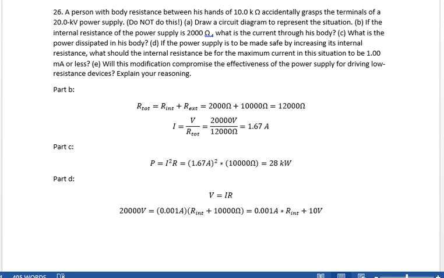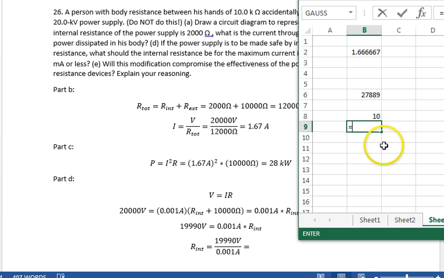We subtract the 10 volts from both sides, and that gives us 19,990 volts is 0.001 amps times R internal. If we just divide both sides by the current, we get R internal is 19,990 volts divided by 0.001 amps, equals 19,990 divided by 0.001.